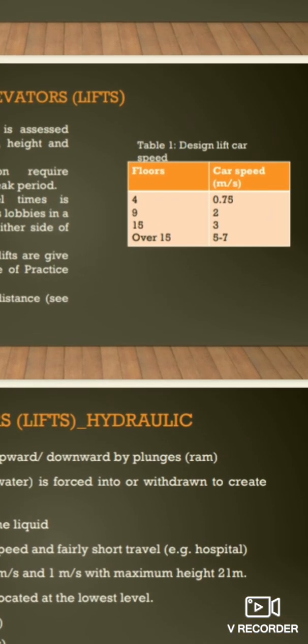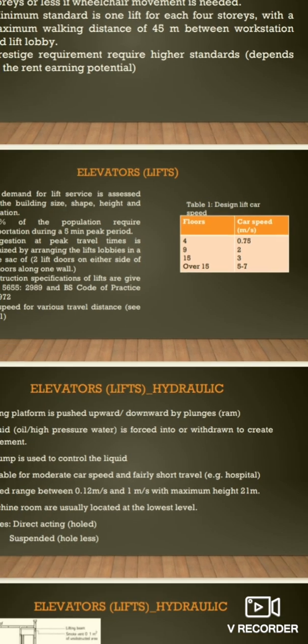So this is the table 1 design lift car speed. The floors are 4, 9, 15 and over 15, and the car speed is in meters per second. For 4 floors it is 0.75, 9 is 2, 15 is 3 and over 15 is 5 to 7.